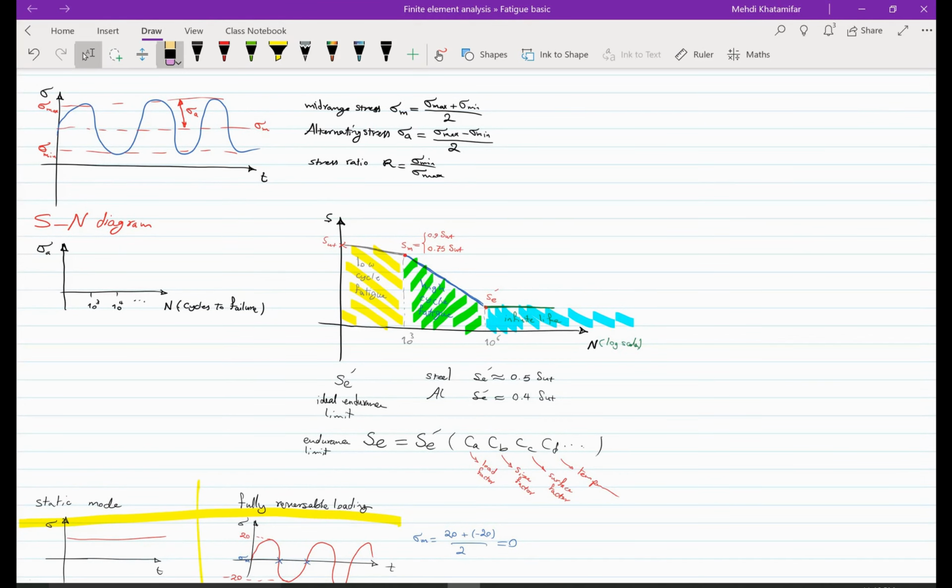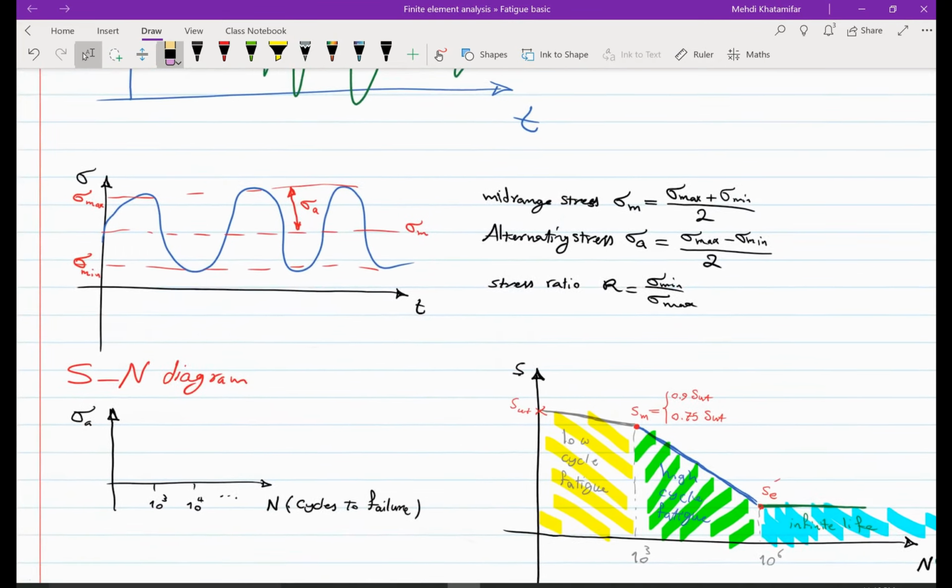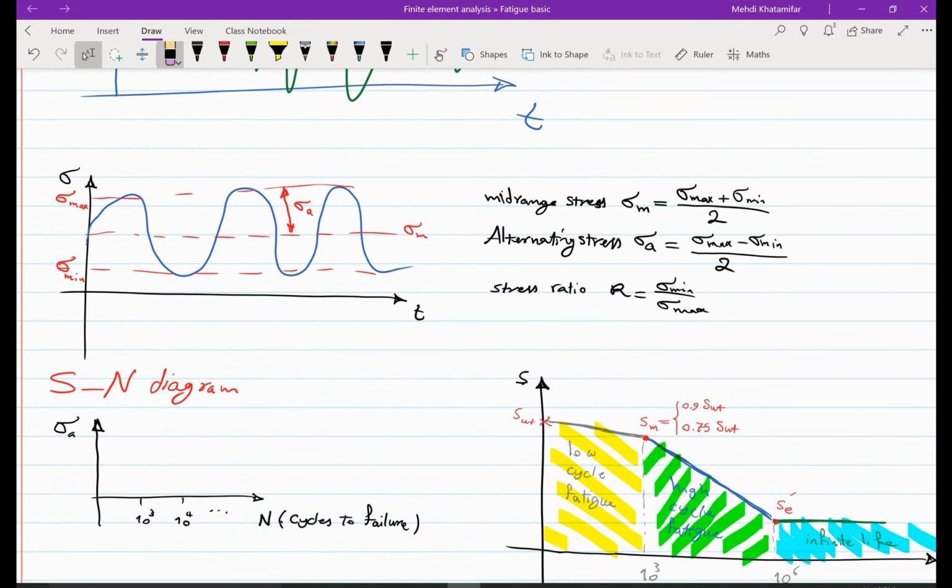And then we talked about mid-range stress and alternating stress, and I said those two stresses are very important to draw the A-M diagram. To find those two stresses, you need to know the maximum and minimum stresses.